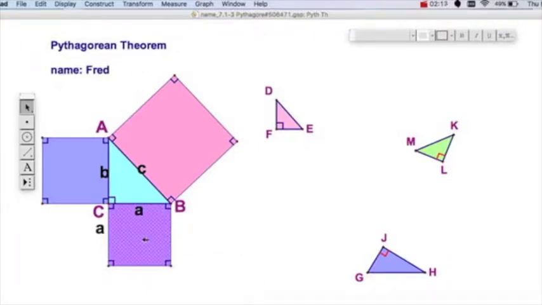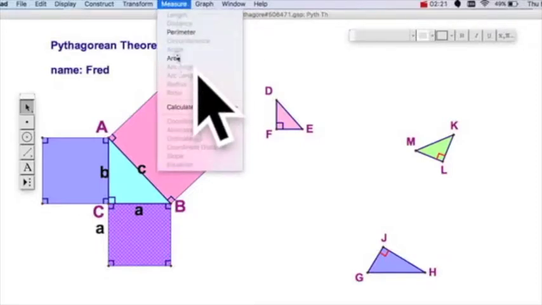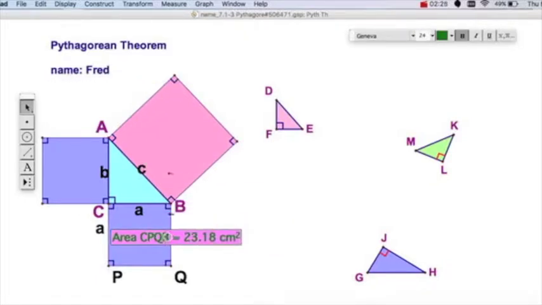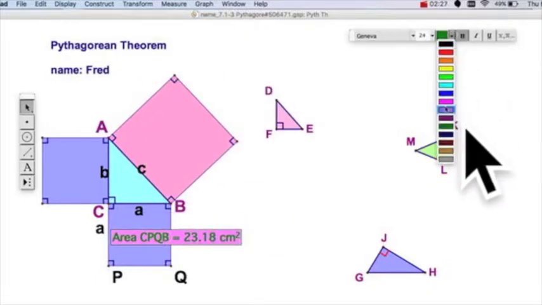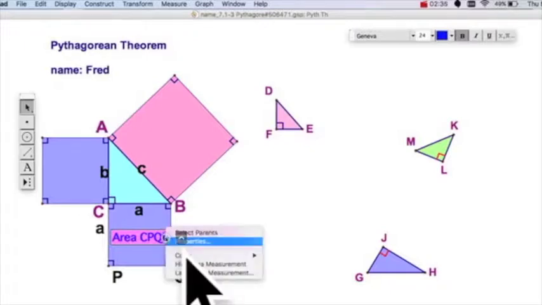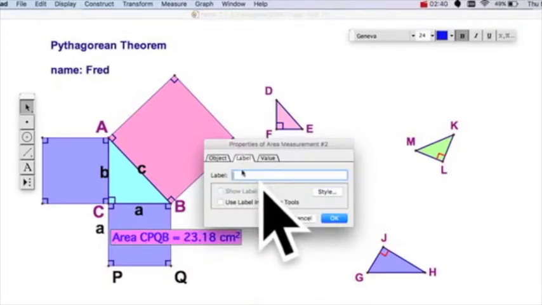So, select this interior, and I'm going to measure area. Don't sweat it, but I know those extra characters pop up. It drives me nuts, too. I'm going to make the font blue to match the square. If you want to be really fancy, go to properties, and the label, let's make that A squared.